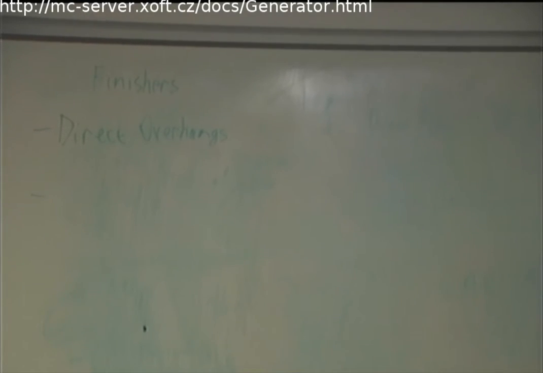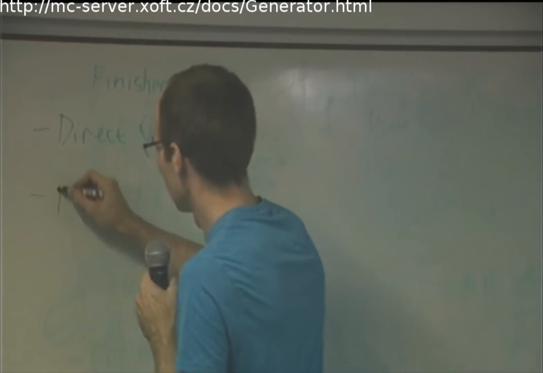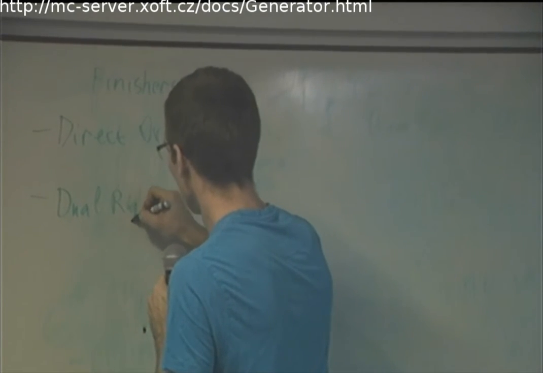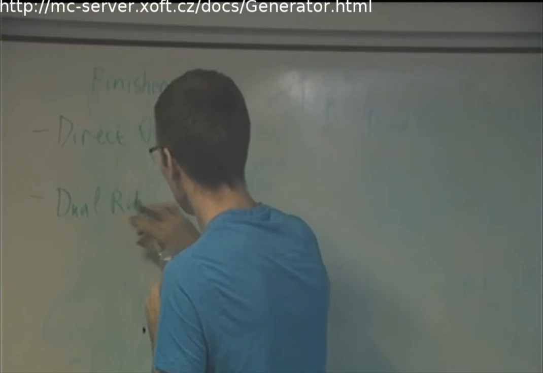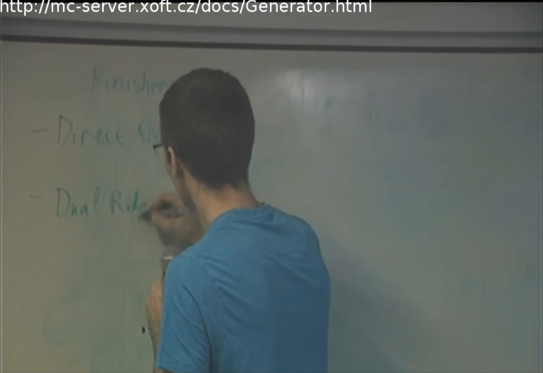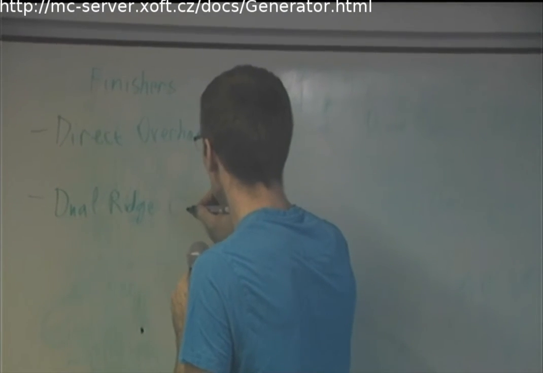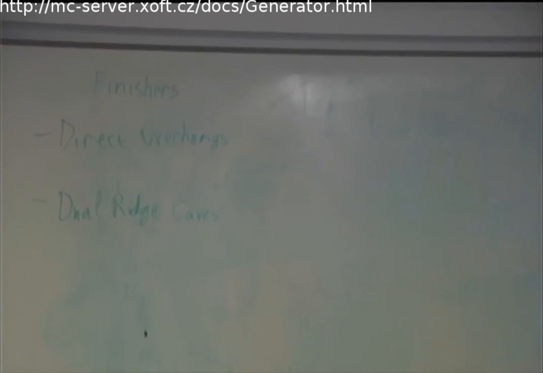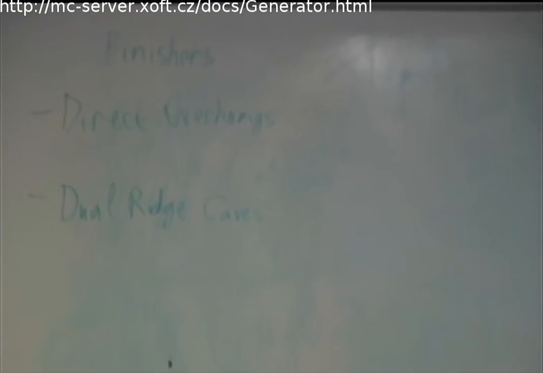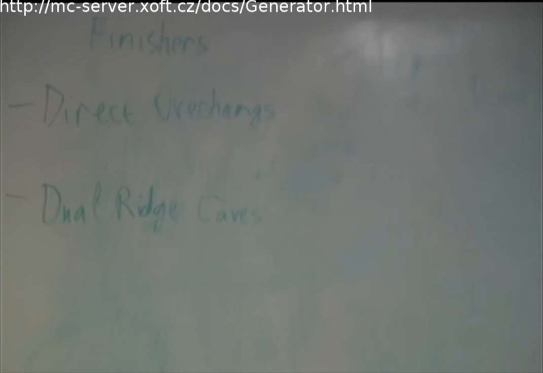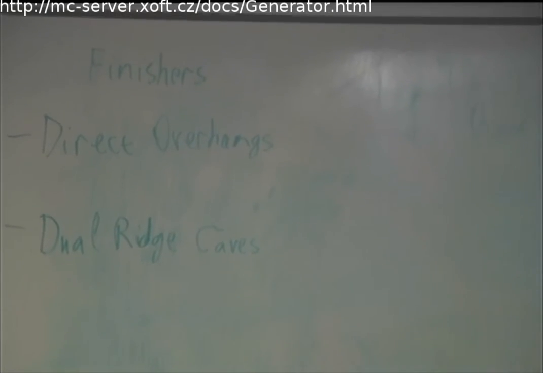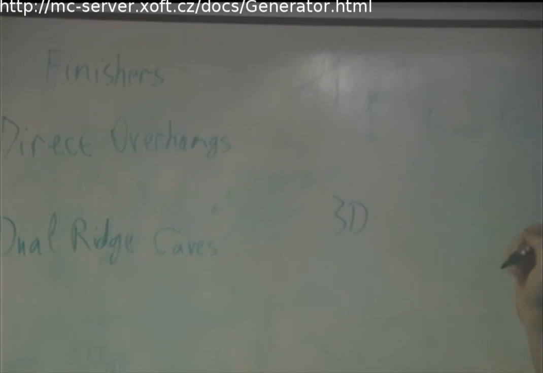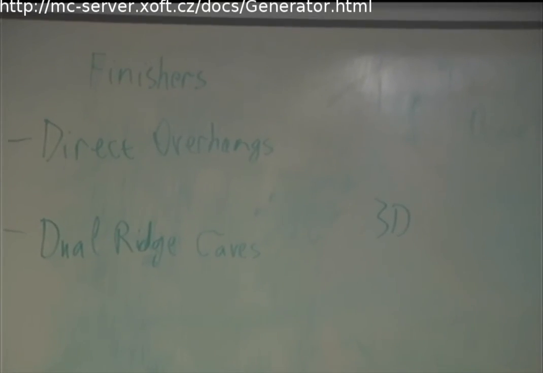Next one, dual rich caves. This was a pretty interesting generator, but it didn't work out so well. It used several 3D Perlin and multi-rich noises to produce caves.